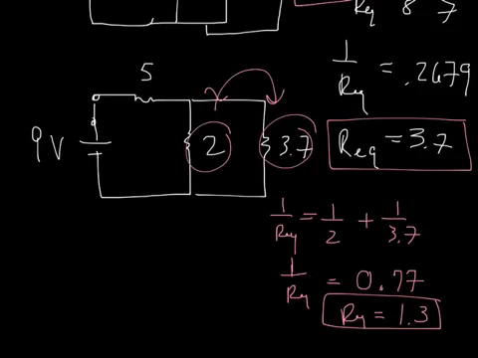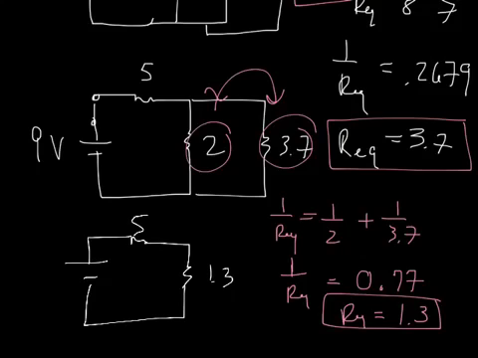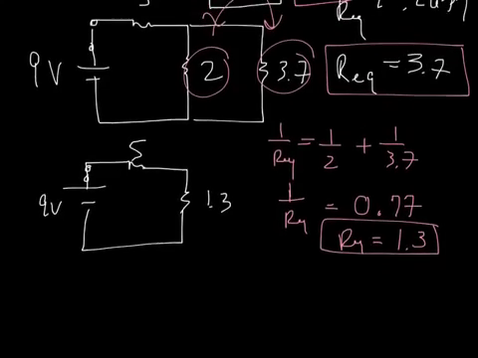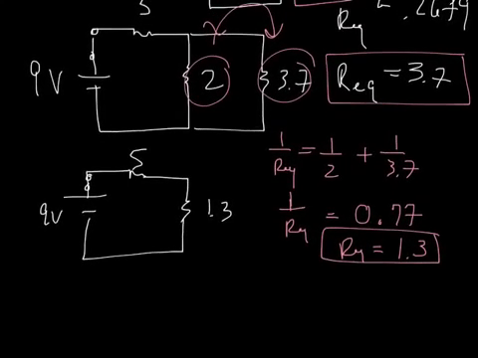So let's redraw our circuit. Okay, now these are in series. Finish it off for us. Just add them together. And obviously in series you don't have to show work.